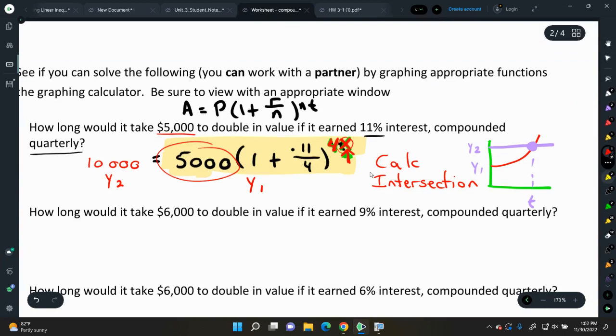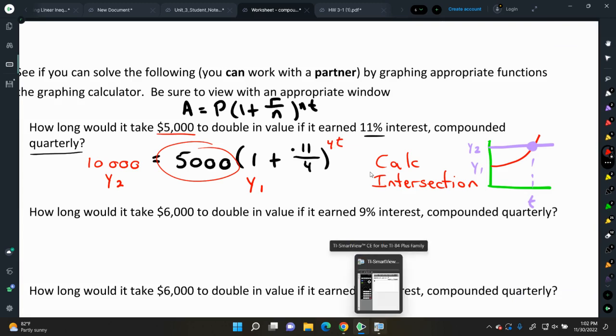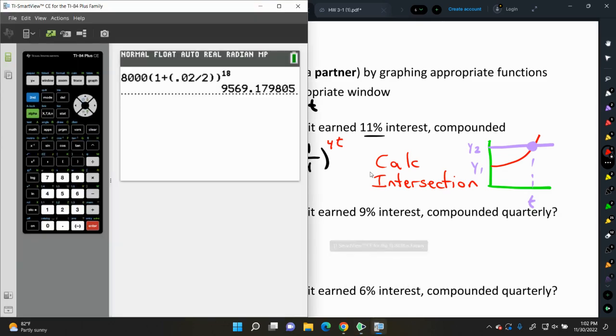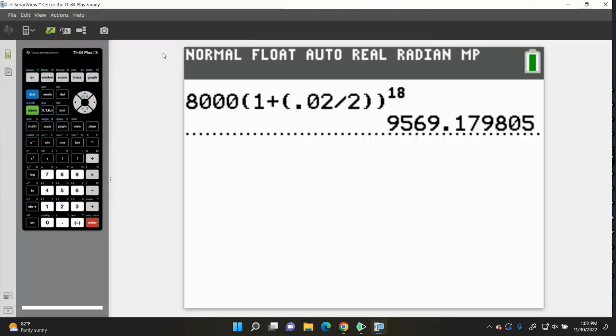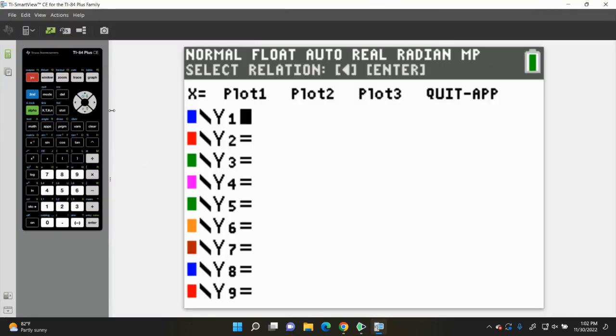Okay. And this was, excuse me. Okay, so remember in your calculator, you're putting in a T. So I'm going to go ahead and put this in the calculator.